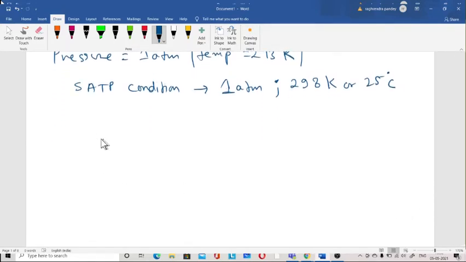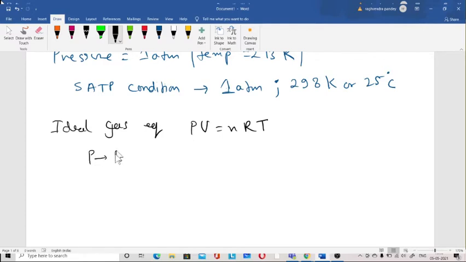Now then there is an equation, that is called the ideal gas equation. That is sometimes also there. PV is equal to nRT. So P here is the pressure of the gas.